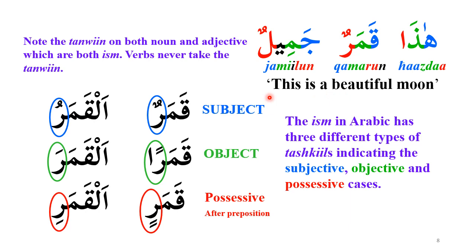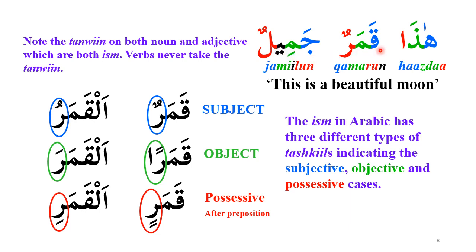Say if we study this sentence, Haza qamarun jamilun. See, interestingly, the word is is omitted because it's not necessary in the Arabic language, because it's obvious. This is a beautiful moon. Here qamarun means a moon, and jamilun means beautiful.